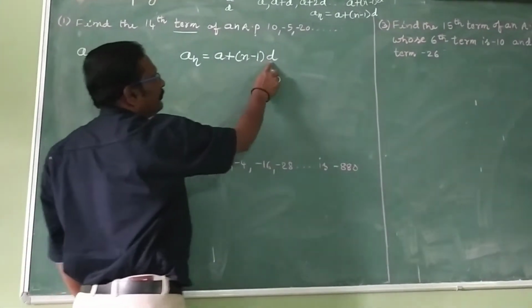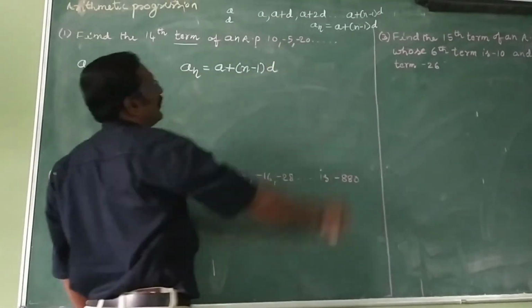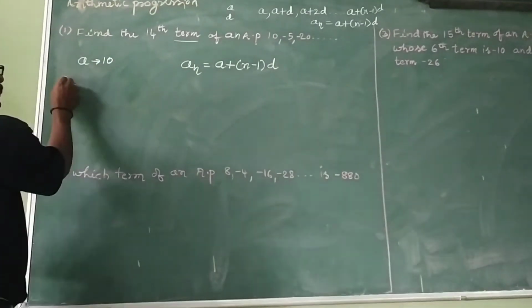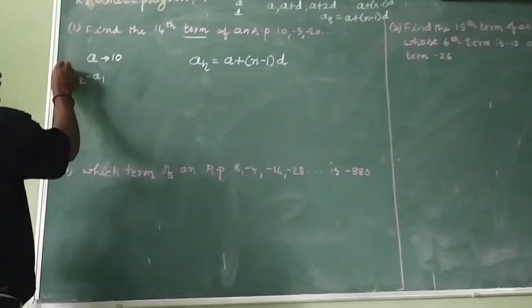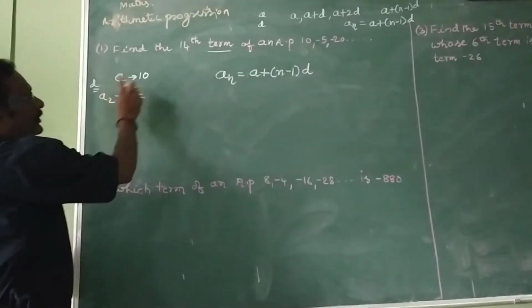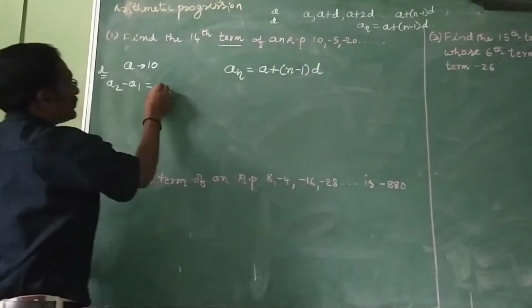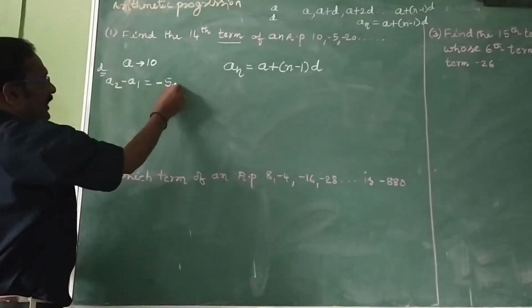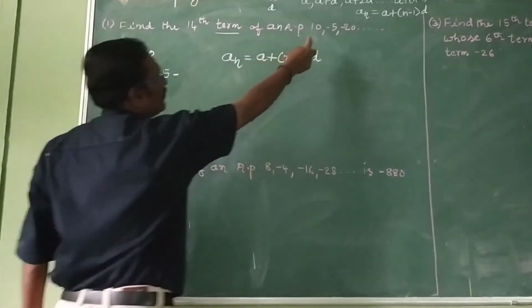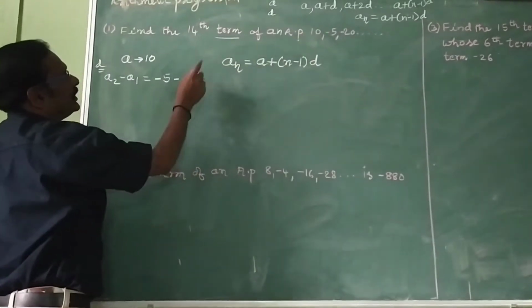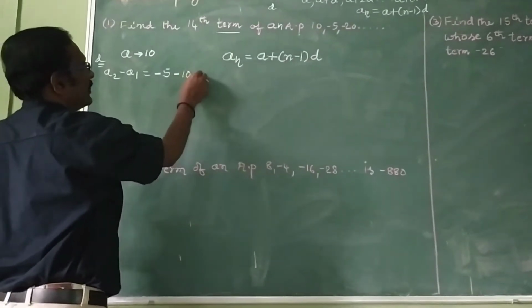What is d? I have to find d using a2 minus a1. d is equal to a2 minus a1. What is a2? Second term, that is minus 5, minus its previous term 10. It is plus 10, put as it is, 10.